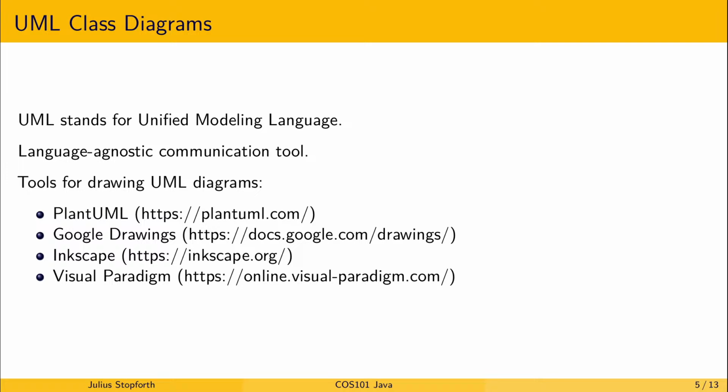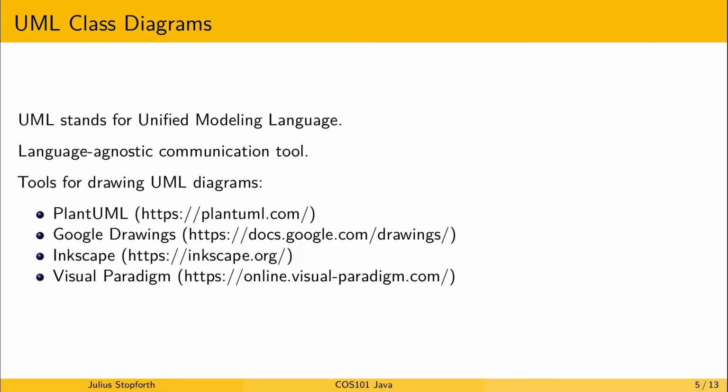There are a whole bunch of tools for drawing UML diagrams. At the top of my list personally is Plant UML. Plant UML has its own little syntax language that you can use to write the diagrams. You define what's in your diagram and what the relationships are, and then it figures out the layout for you. It's quite nice.